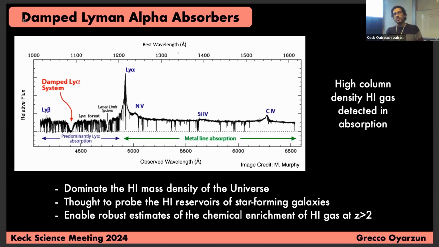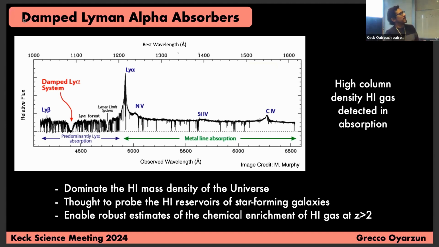And because of that reason, we believe that damped Lyman alpha absorbers trace the H1 gas reservoirs of galaxies at high redshift. So if you're interested in studying the baryon cycle in galaxies, then damped Lyman alpha absorbers are your observational window to studying that H1 gas.